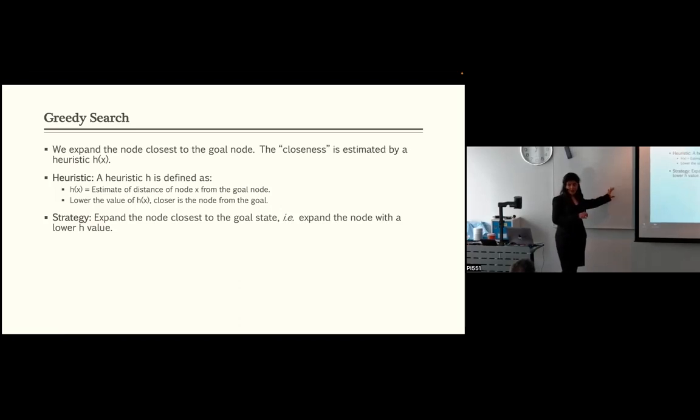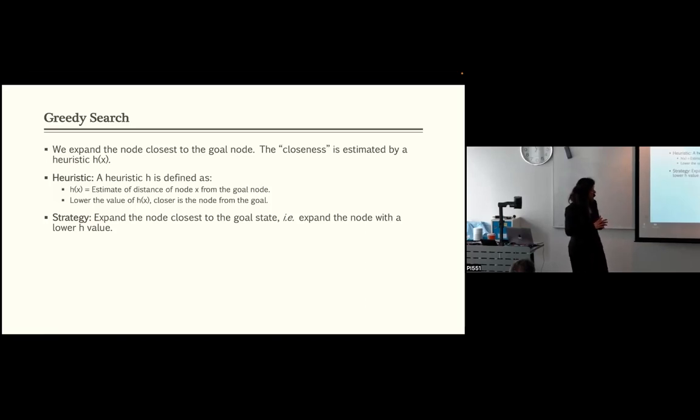Like we did in UCS, uniform cost search, we calculated the cumulative sum of each of the nodes. But in greedy search, we are not calculating the cumulative sum to reach from source to destination, but we do have the heuristic h(x) function for each node.